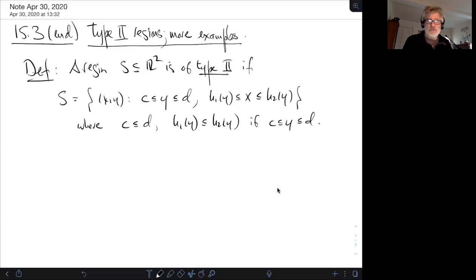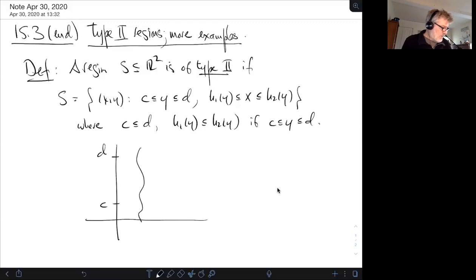Okay, so the picture, again, it's the same as type 1, except it's in the y direction. So it looks something like this. We've got c, we've got d, and we've got the graph of two functions, h1 and h2, which are functions of y rather than x. And the region S is everything here, right?